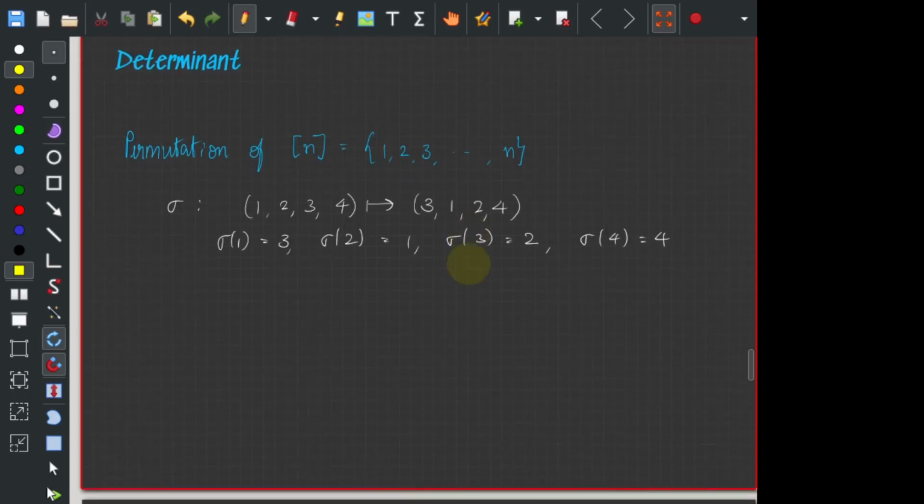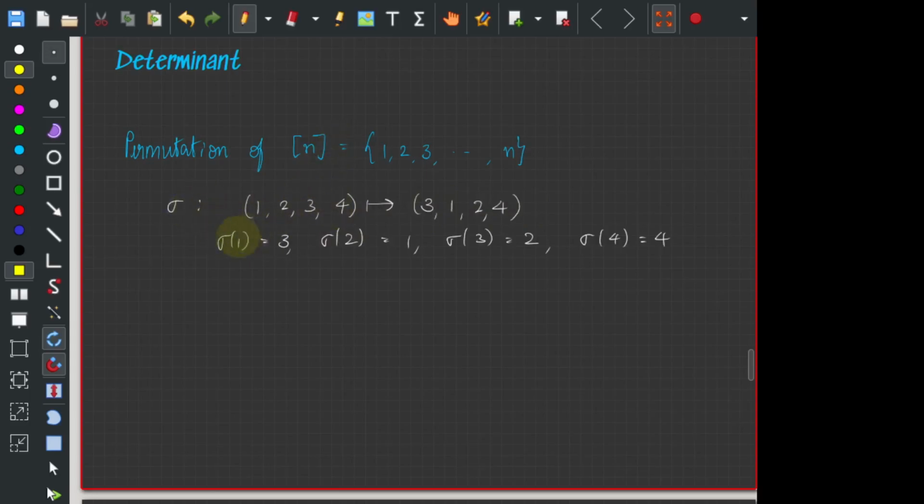So let's first discuss what a permutation is. Given the set of first n positive integers, 1, 2, 3 up to n, a permutation is basically a rearrangement of this set. For example, I take 1, 2, 3, 4. Any rearrangement of 1, 2, 3, 4 is a valid permutation. So for example, 3, 1, 2, 4 is a permutation of 1, 2, 3, 4.